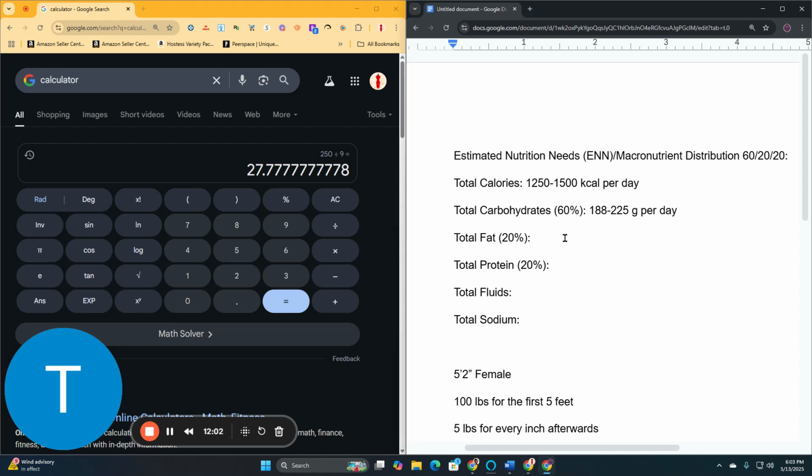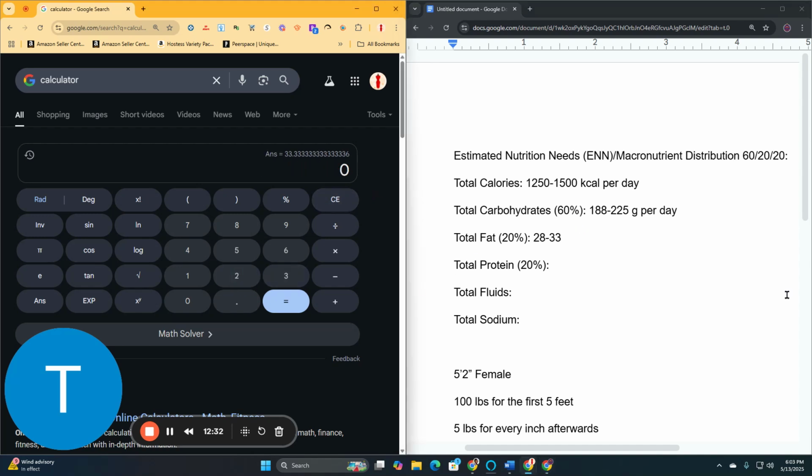I'm just going to go ahead and round this up to 30. But if you want, I'll just do 28. We'll just do 28 so I won't confuse anyone. 28, and then we'll do 1,500 times 20% divided by 9. So that gives us about 33.